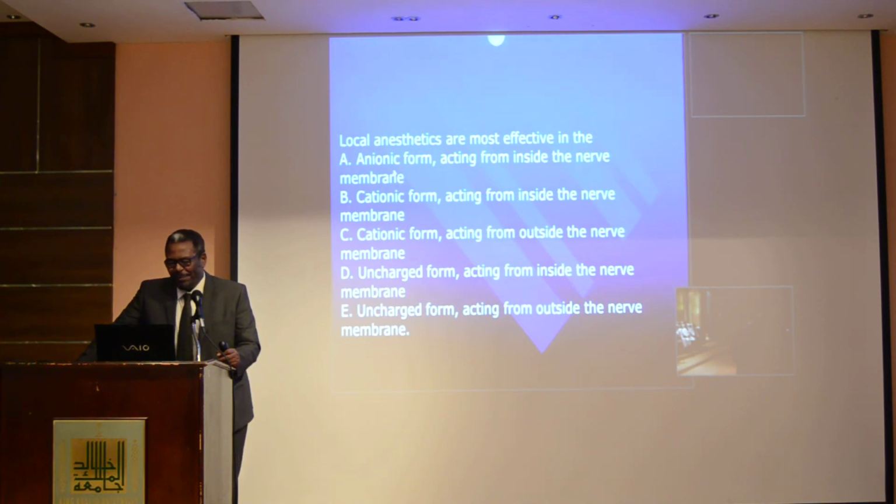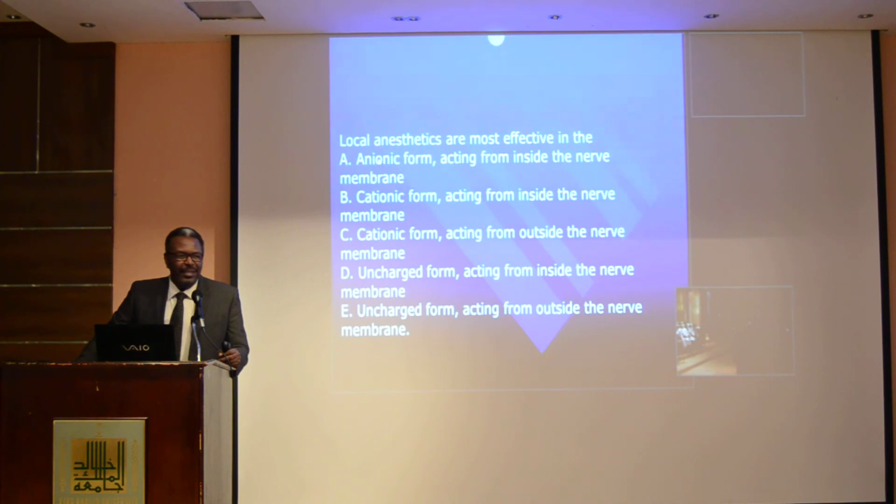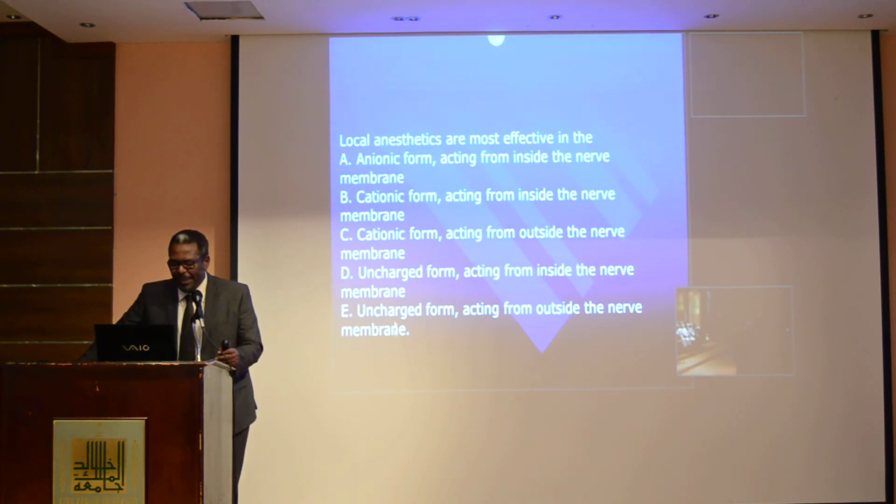So, for example, anionic comes only 1 time. This is not the correct answer. Cationic coming 2 times, maybe it is possible. Uncharged is not possible because anionic and cationic are charged. So maybe these ones they will not consider. Then they come to inside, outside.